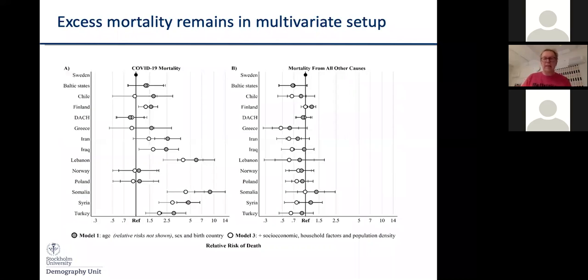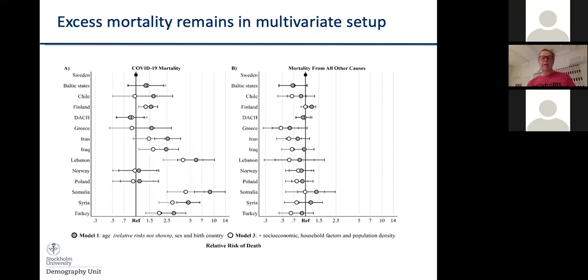And here is then a setup where we show COVID-19 mortality and mortality from other causes of death in two panels. In panel A we have COVID-19 mortality, and in panel B we have general mortality. If we start with panel B, we can see a very clear healthy migrant effect.